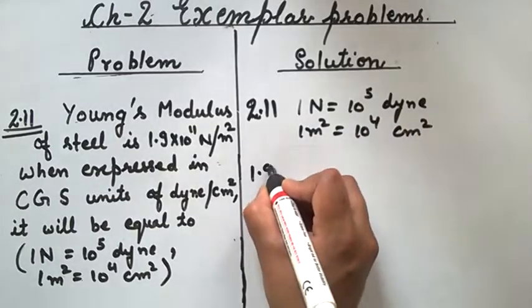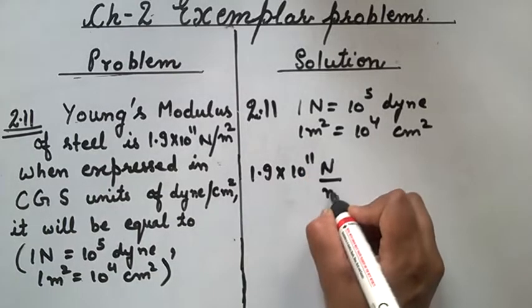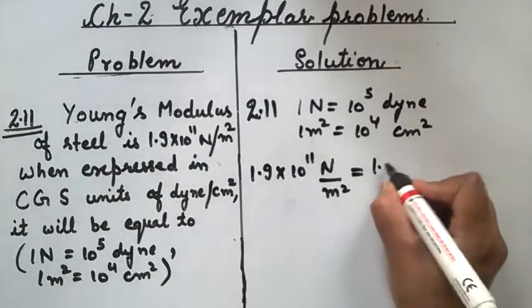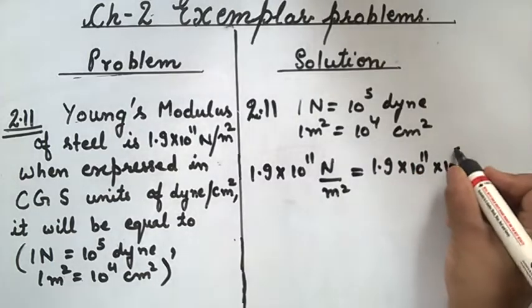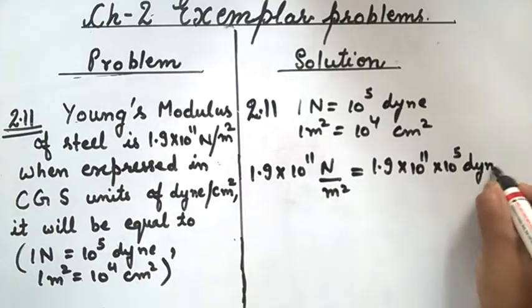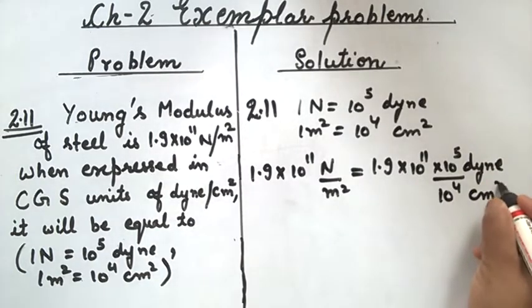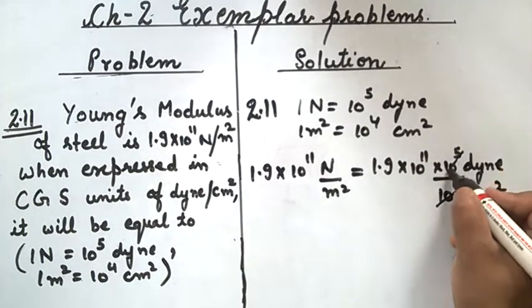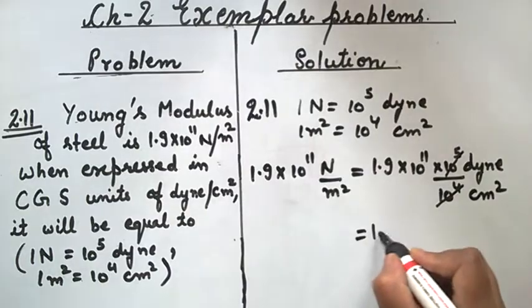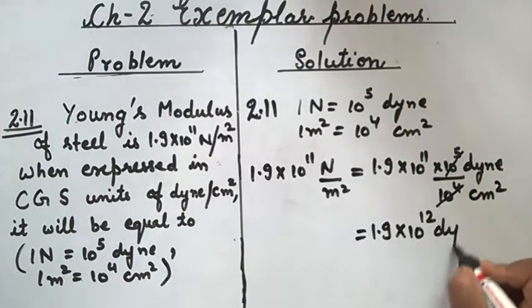So 1.9 into 10 raised to the power 11 into 10 raised to the power 5 dyne by 10 raised to the power 4 centimeter square. 4 will cancel out with 4, remaining 10. So it's equal to 1.9 into 10 raised to the power 12 dyne per centimeter square.